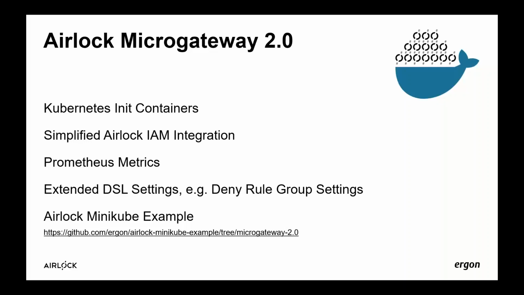There are extended TLS settings, like deny rule group settings, the possibility to define backend groups per mapping instead of per virtual host, and things like this. And last but not least, there is an Airlock Minikube example where we integrated different things like a backend service, an IAM, the Micro Gateway, and the metric server.